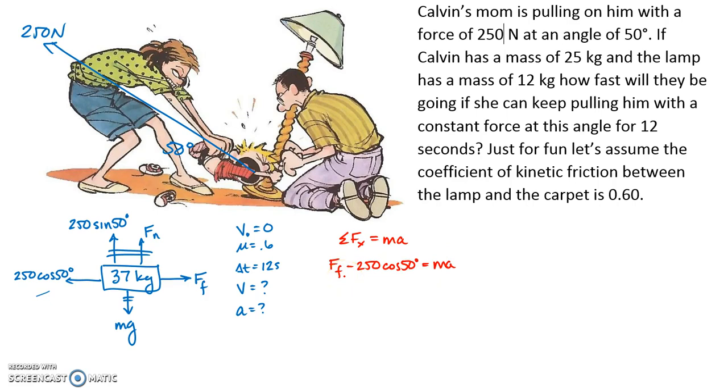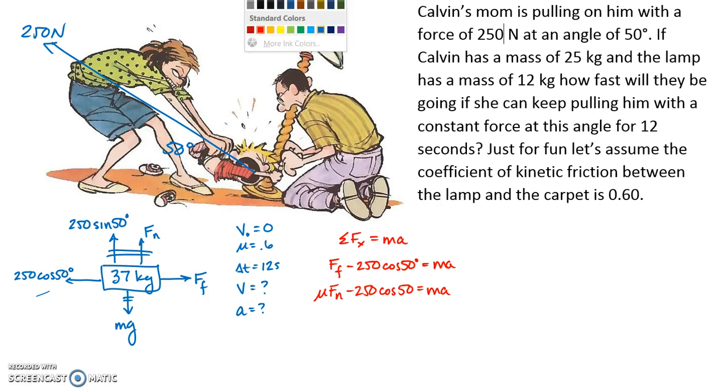Friction, I can quickly replace with its equation, mu Fn minus 250 cosine of 50 equals ma. Now I don't know the normal force, and I don't know the acceleration. So this is one of those unsolvable stages in my life.